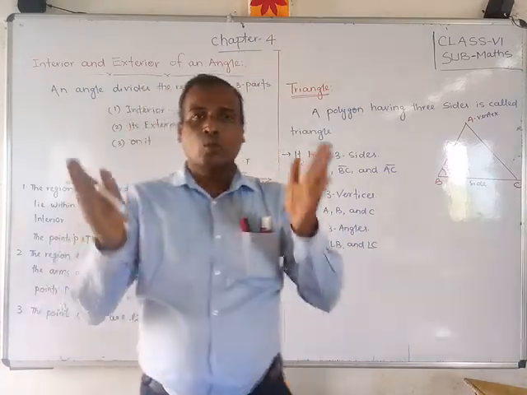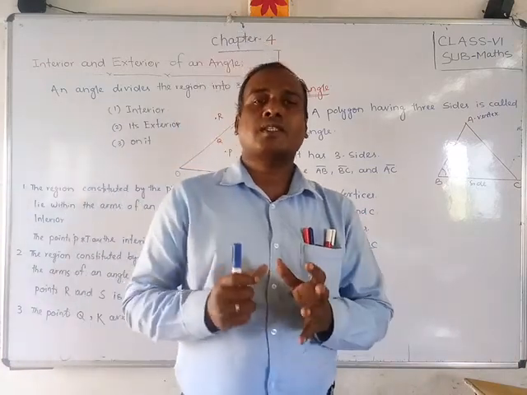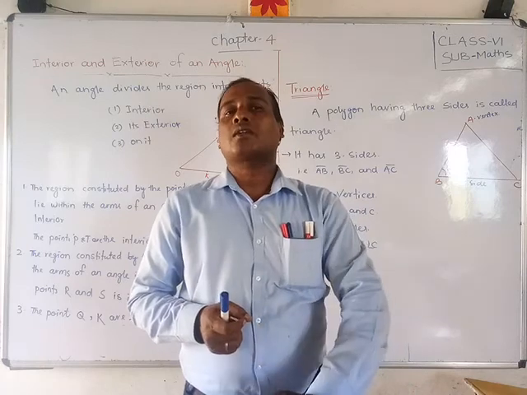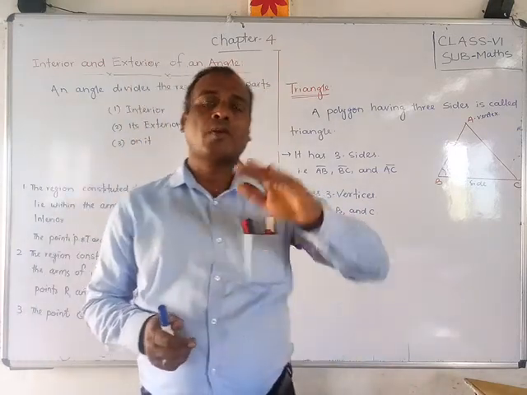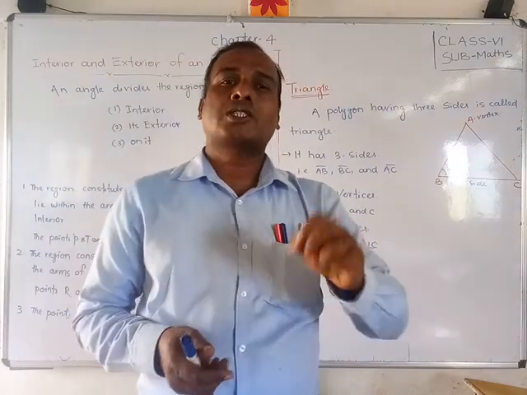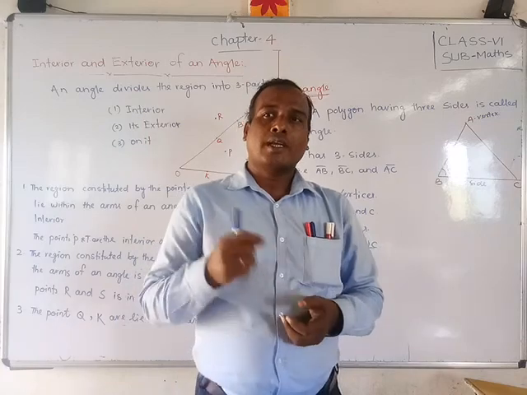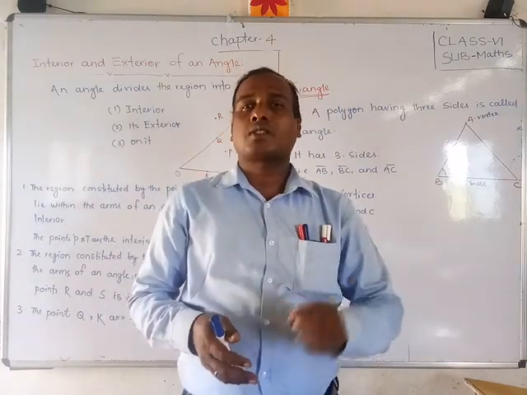If points lie inside the two arms, we can say they belong to the interior. If the points are outside of the two rays, they are called exterior points. If the points are on the rays, on the arms, they are called points on the arms.